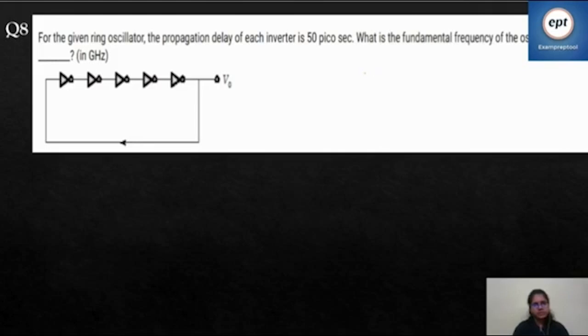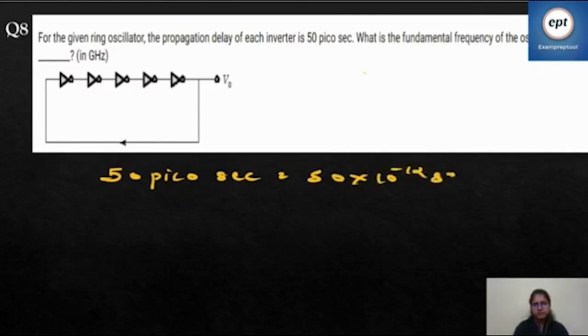The question says, for the given ring oscillator, the propagation delay of each inverter is 50 picoseconds. So 50 picoseconds is written as 50 into 10 to the power minus 12 seconds.